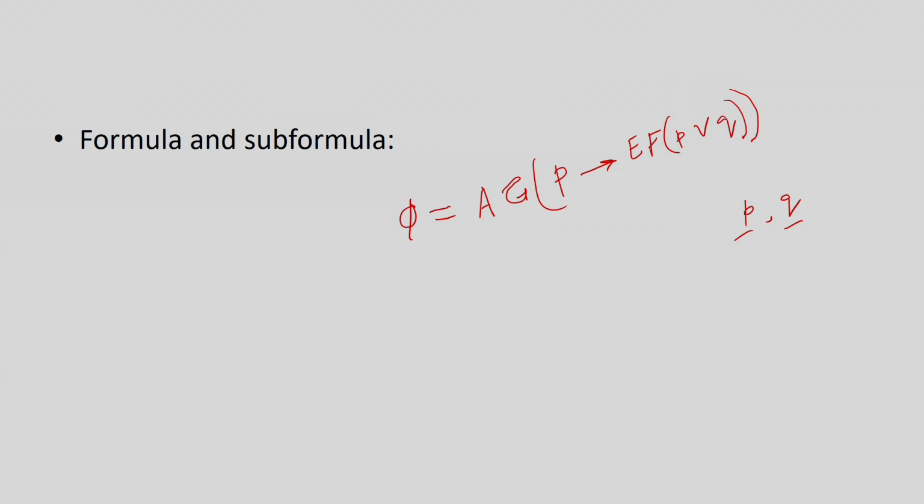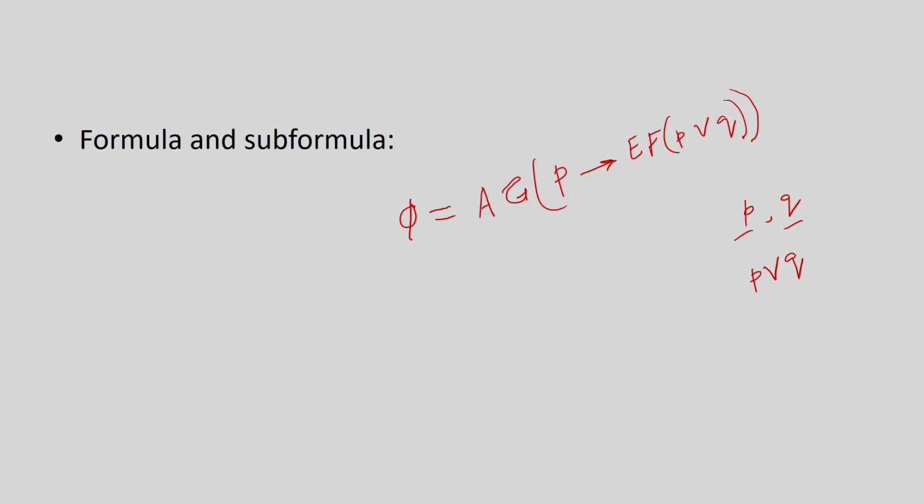Since P and Q are atomic propositions, P or Q is also a formula. If we know the truth values of P and Q, then we can find out the truth values of P or Q, and we will know the set of states where P or Q is true.